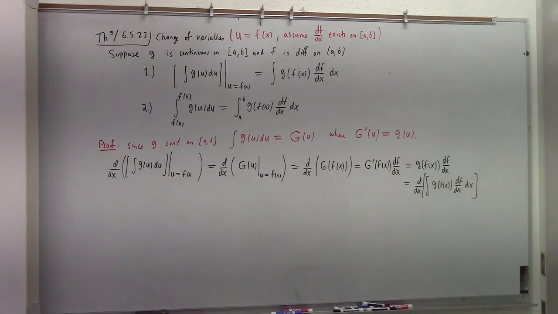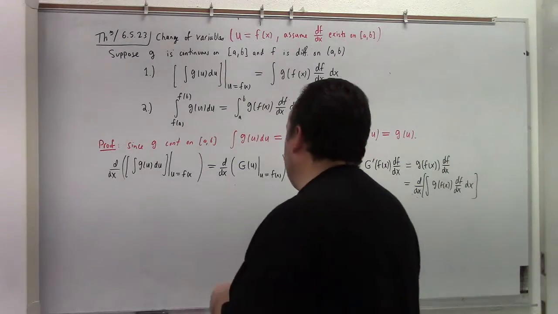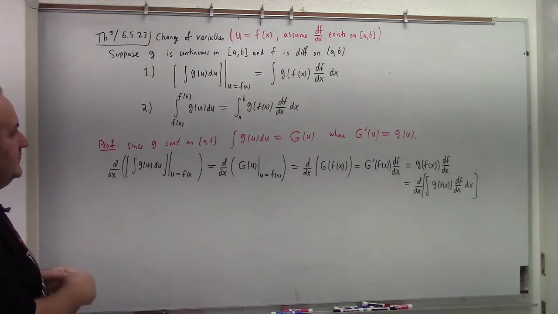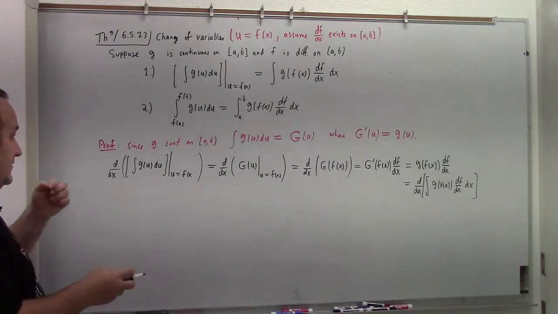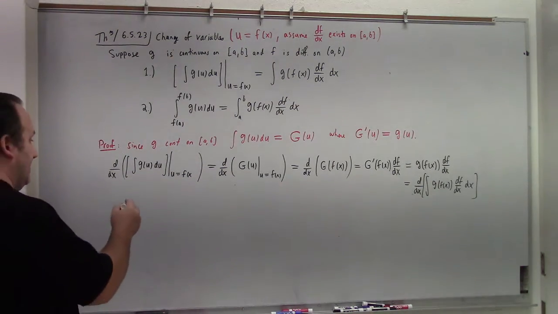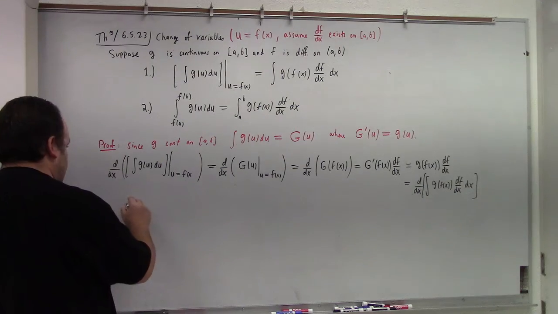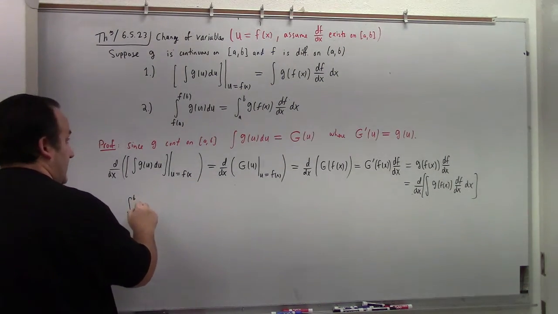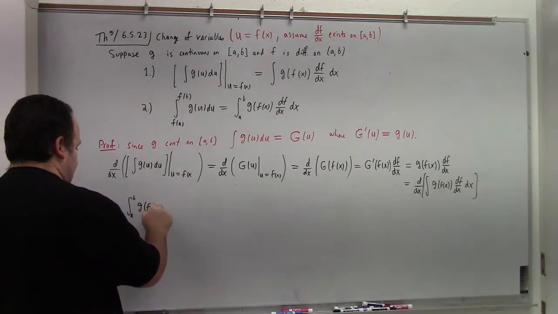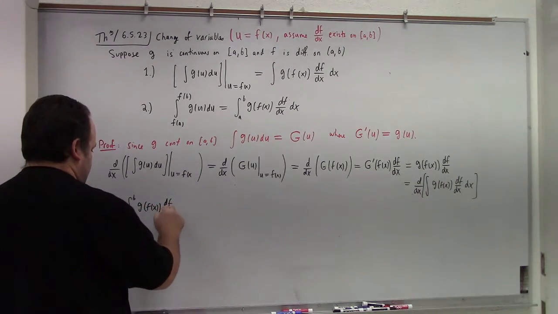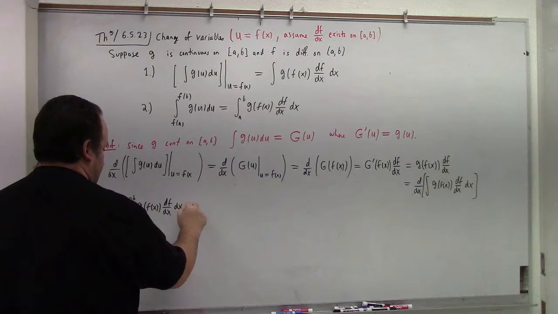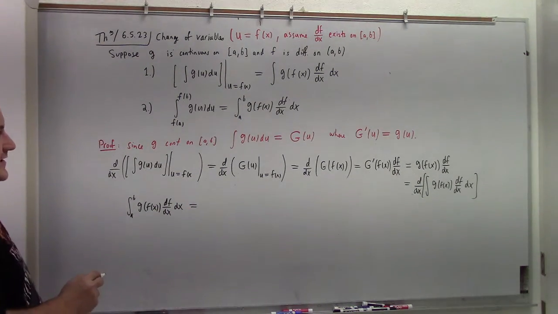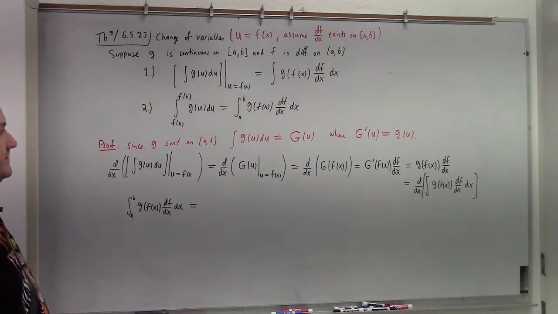And how do you prove 2? Well, to prove 2, notice that the integral from a to b of g of f of x df/dx dx, well, an antiderivative for that is what?